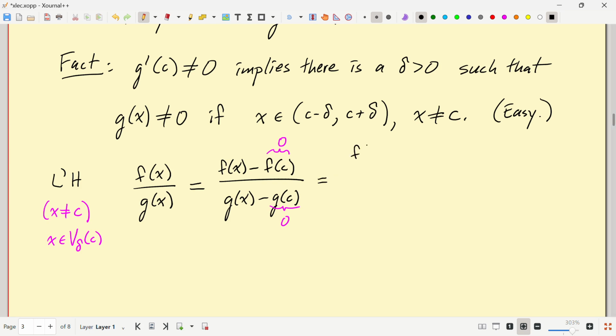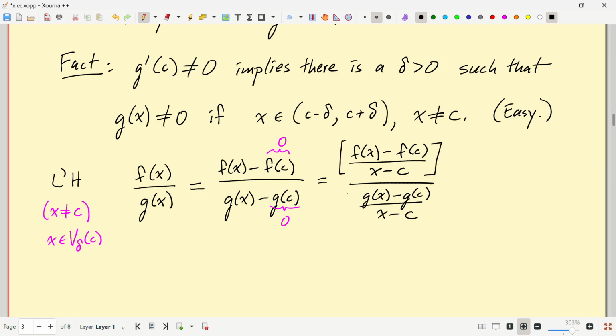So I multiply and divide by x minus c. And now I know rules of limits. The thing on the bottom has a non-zero limit, and since it's in the denominator, the quotient is going to tend to f prime of c over g prime of c.